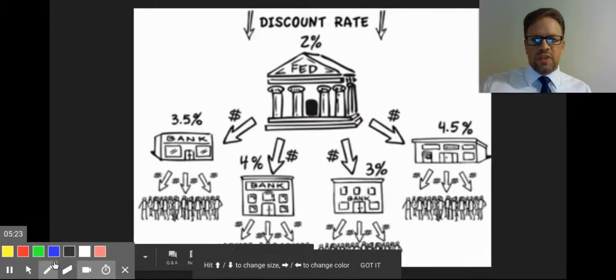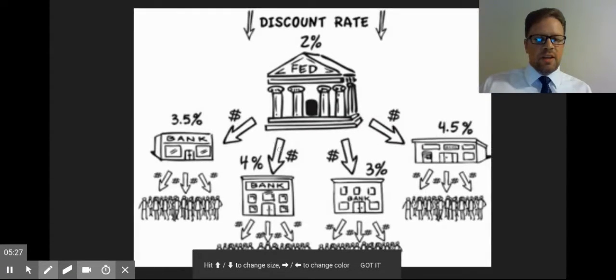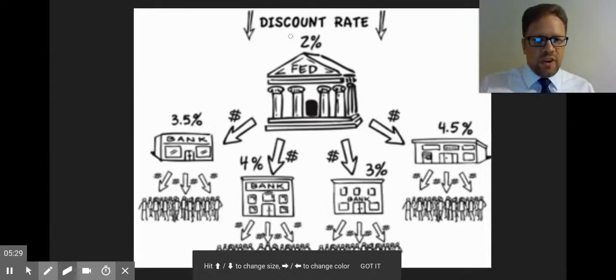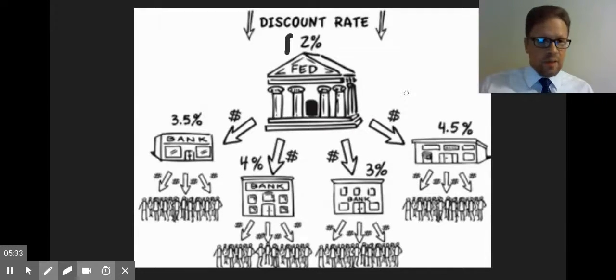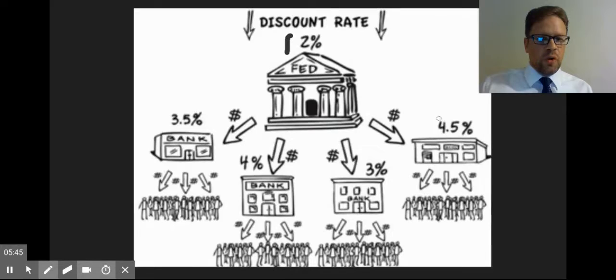So, for instance, if instead of the Fed offering a 2% discount rate, they raise it to a 12% discount rate, that's probably going to change things quite a bit. This will cause fewer loans to be issued to individuals and businesses since excess loans are now given to banks. So again, we said you'll probably go where you get the cheapest rate.